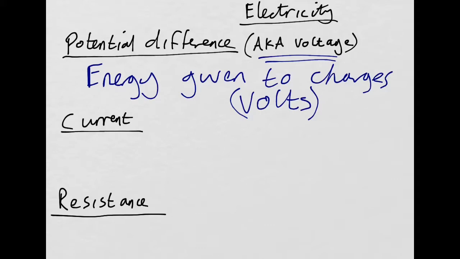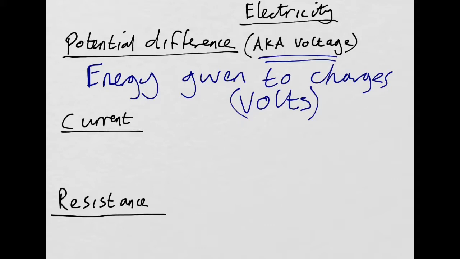Current then is, like we said just now, potential difference. If you give them more potential difference, then you're going to push them harder. They're going to flow faster. So this is what current is. Current is the flow rate of these electrons, or the flow rate of this charge, the amount of charge that passes through a certain point in a circuit in a second.